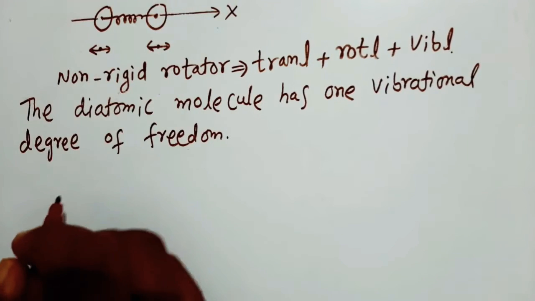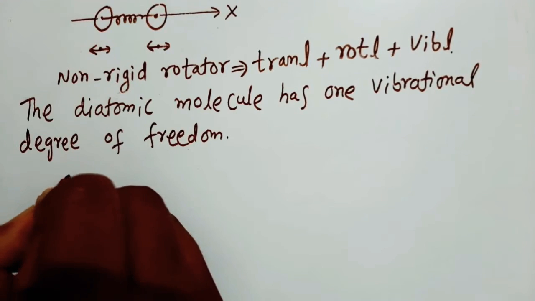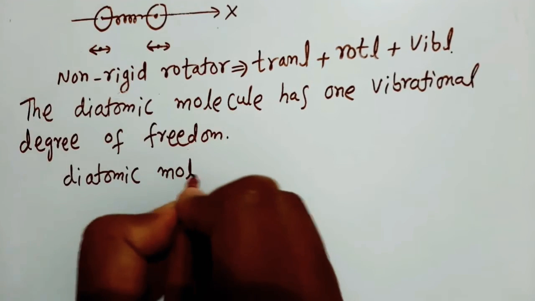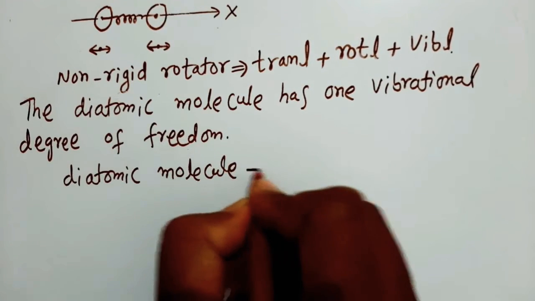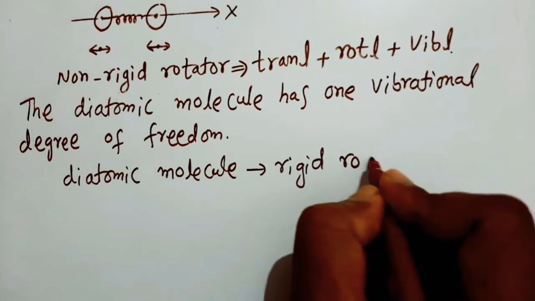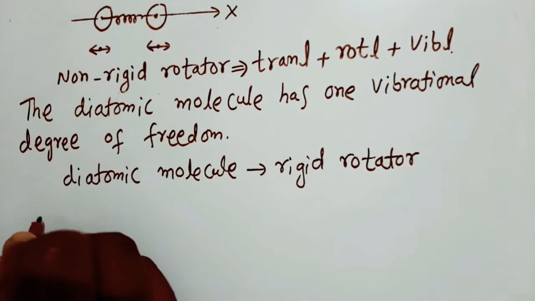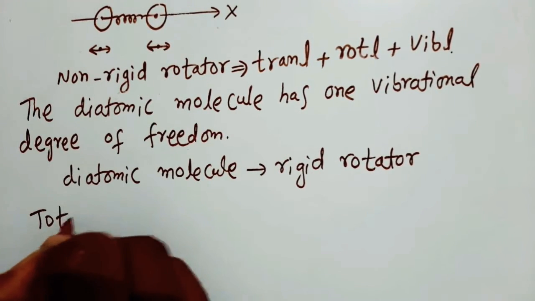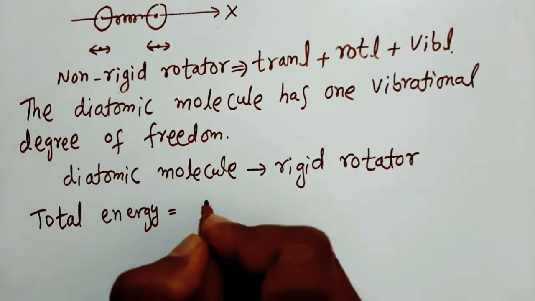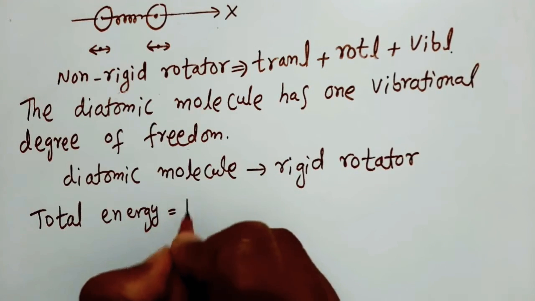If a diatomic molecule is considered as a rigid rotator, then the total energy is the sum of translational energy and rotational energy.